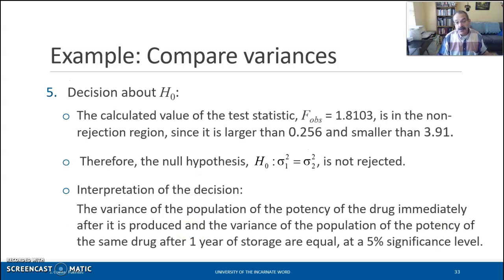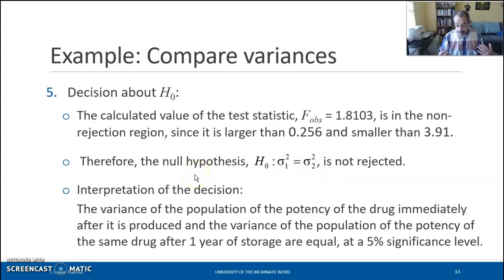So to make a decision about the null hypothesis, we see that the calculated value of the test statistic is 1.8103, and it is in the non-rejection region because it's larger than 0.256 and smaller than 3.91. So because it's in the non-rejection region, we do not reject the null hypothesis. So we cannot say that the variances are not equal.